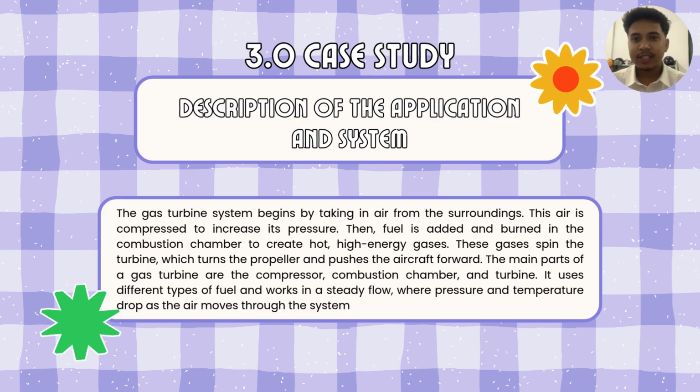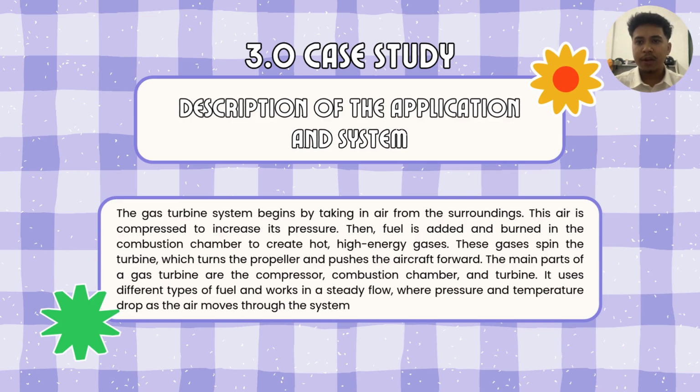The gas turbine system starts with ambient air intake, which is compressed by the compressor. Fuel is then added and ignited in the combustion chamber, producing a high energy exhaust flow. This flow rotates the turbine, which drives the propeller and propels the aircraft forward.